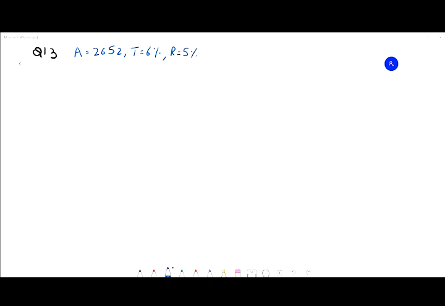Again, the same way we have to follow. We'll assume the P as X. So my SI will be X into 6 into 5 over 100. Sorry.